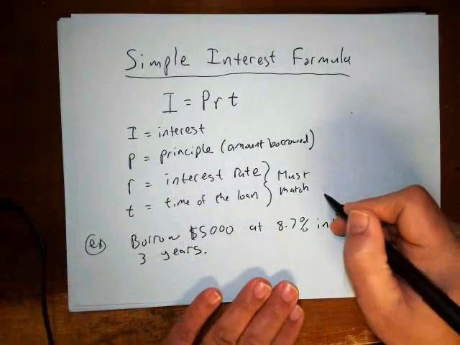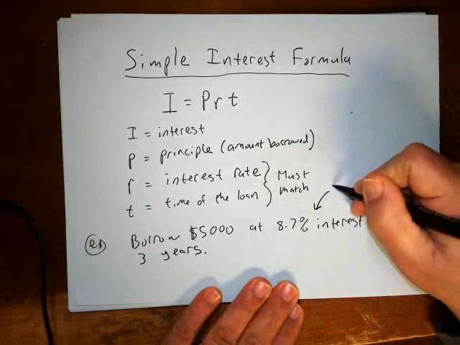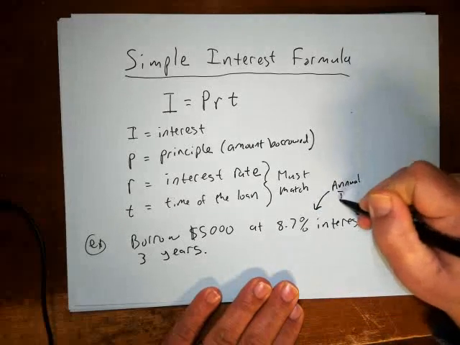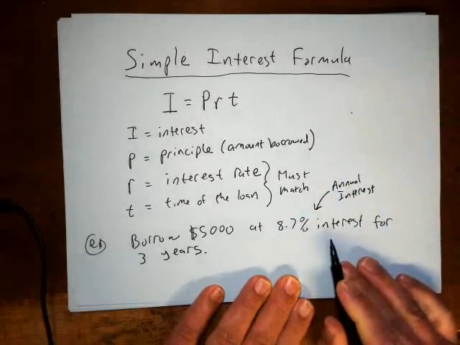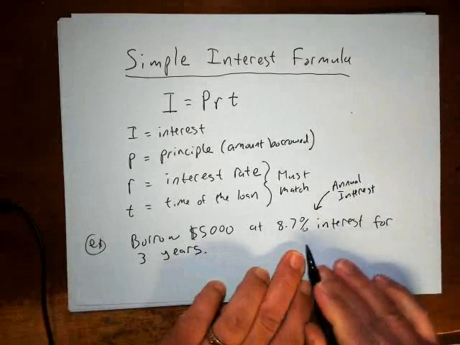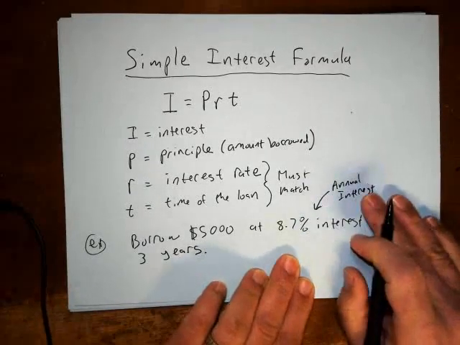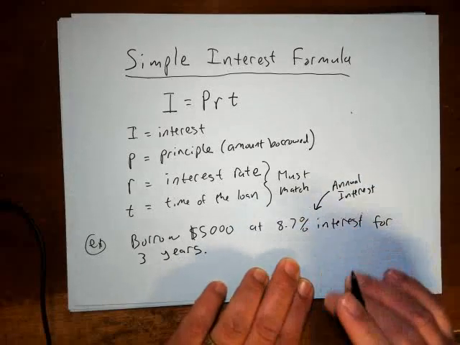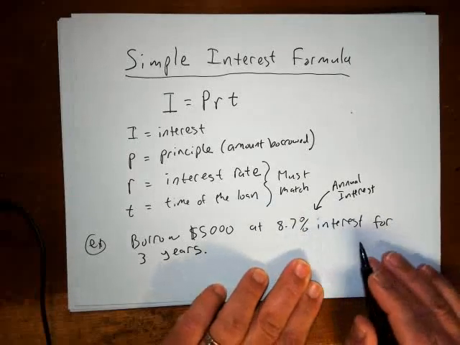Okay, now this 8.7% interest, that's going to be annual interest. So if they don't tell you anything more than 8.7% interest, you just assume that it's annual. Okay, if it's a monthly interest rate or a daily interest rate, it'll give you the percentage per month or the percentage per day.